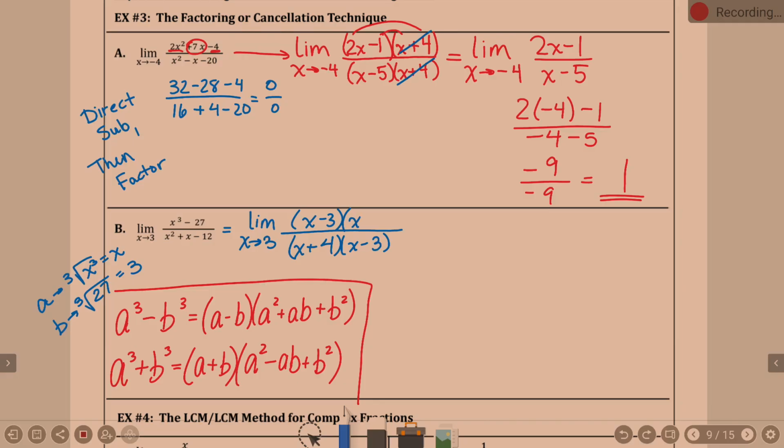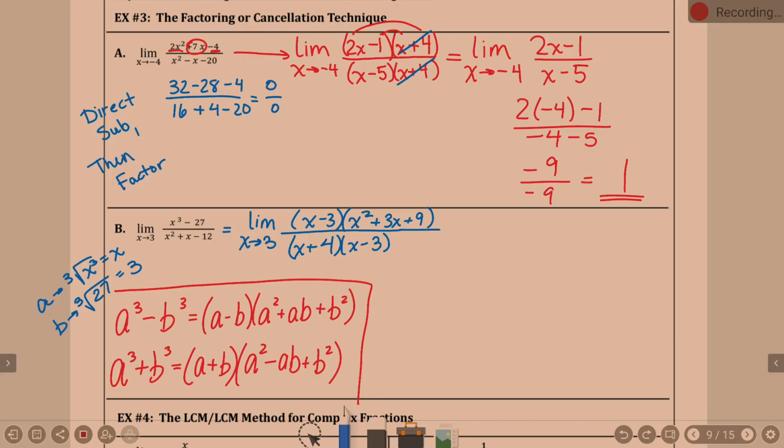A squared plus ab plus b squared. So it works out to be x squared plus 3x plus 9, if I've done my math right.